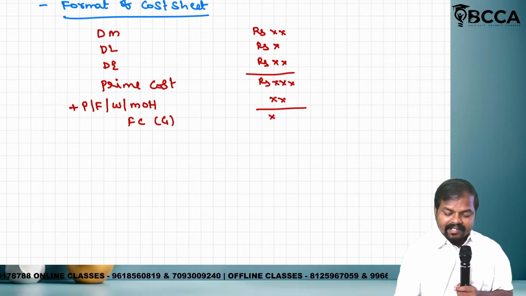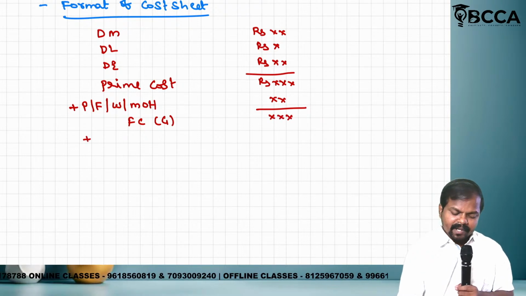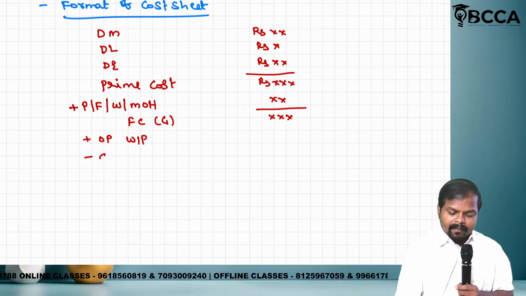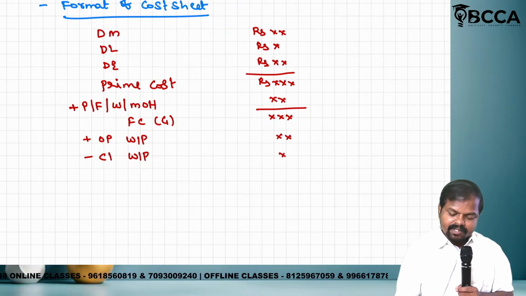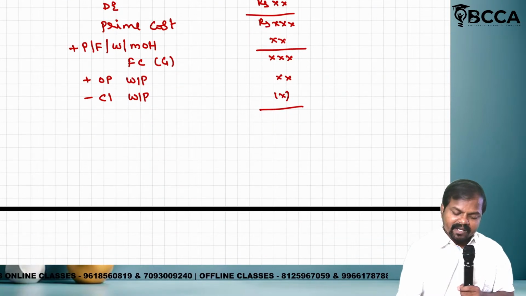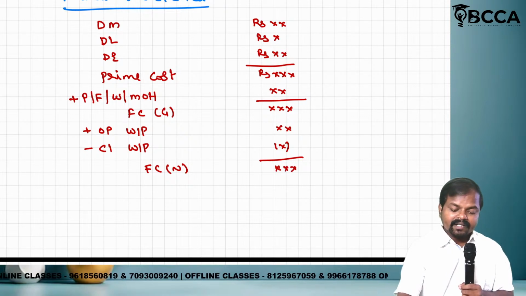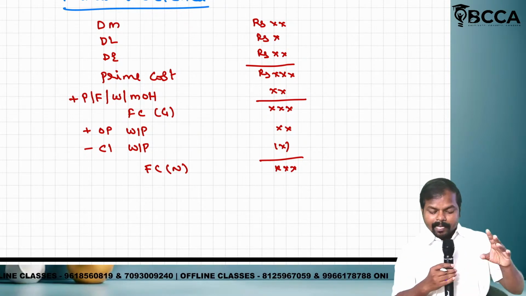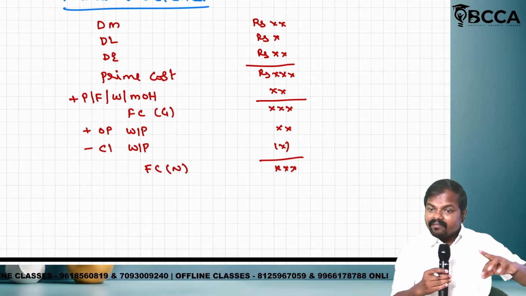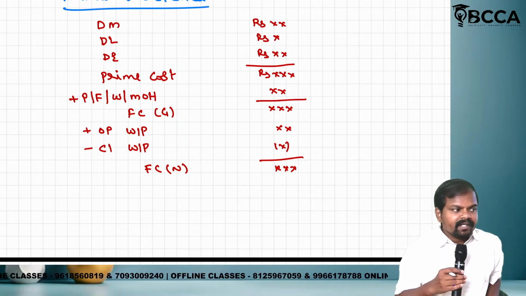Factory cost gross plus opening stock of work in progress minus closing stock of work in progress. Result will be referred to as factory cost net.